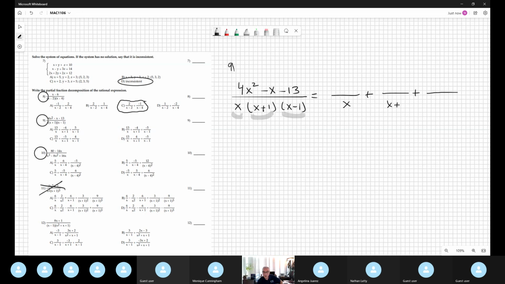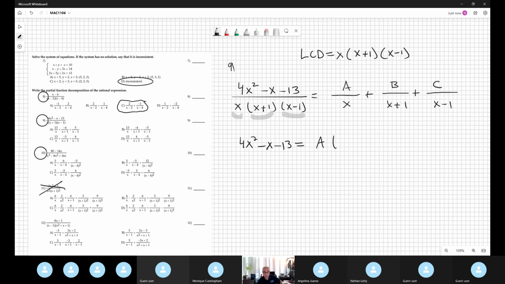You call the coefficients A, B, C. The least common denominator is always the multiplication of every factor that we have inside the polynomial. When you multiply, you get 4x squared minus x minus 13.